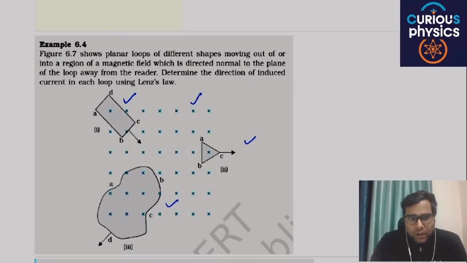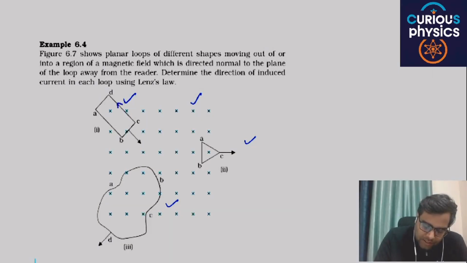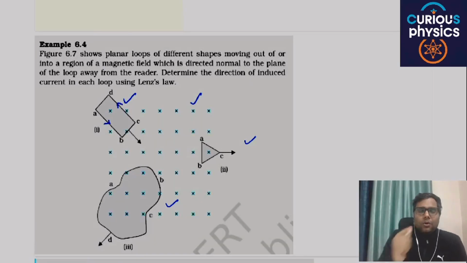So if the magnetic field is given away from you, then the induced current will produce a magnetic field towards you. So the direction of current will be in this direction, anti-clockwise. Curl the fingers in the direction of current, then the direction of the thumb will give you the magnetic field. Mean to say that the magnetic field is towards you.